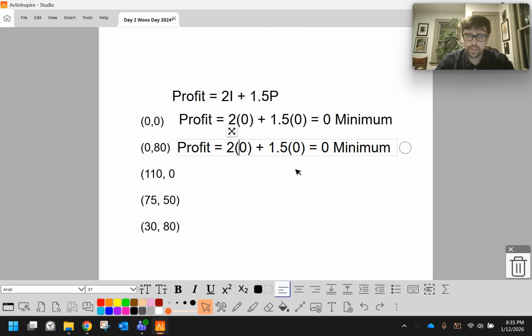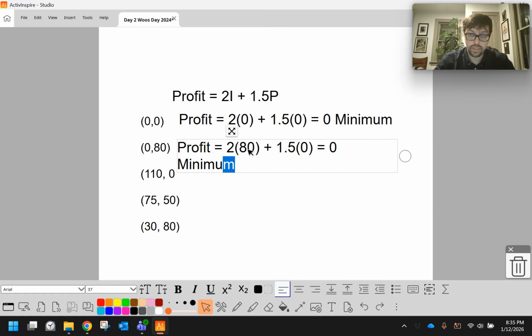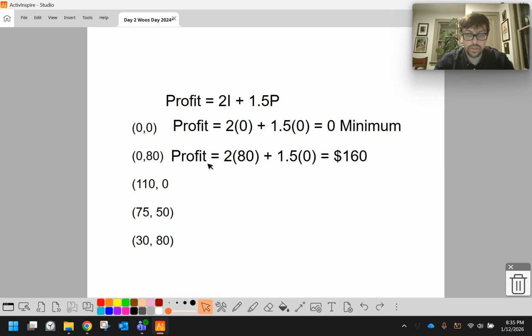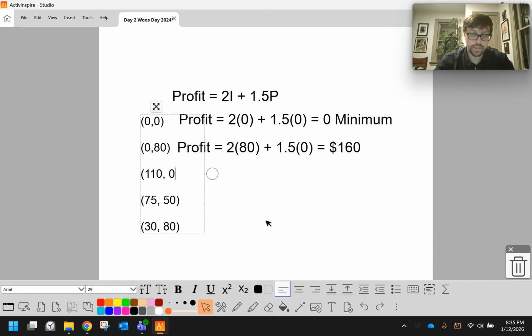If I check this one, I've got 80 iced cookies. Remember that I is that second value. 80 iced cookies and no plain cookies. So that's just going to be 20 times 80. That's going to be $160. And I've seen values bigger than 160, so I'm hoping the Woos can do better than 160.